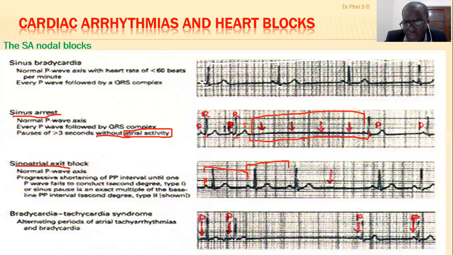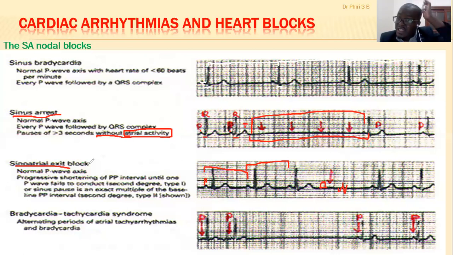So once you have a drop in the P wave here, you're not seeing any P wave, you're also not going to see the QRS complex. So there is no P wave, and then there is no QRS complex. This is due to sinoatrial exit block.